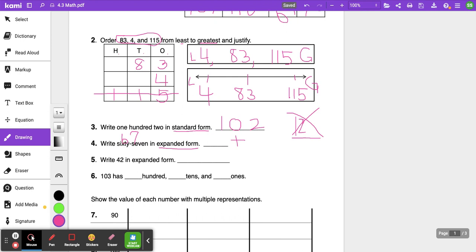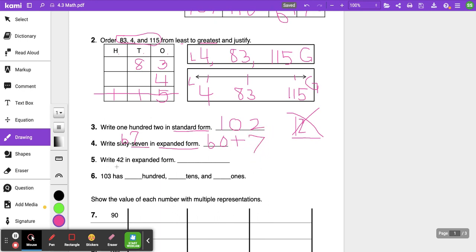Because it's not 600, it is 6 tens. So the value of 6 tens is, yes, 60. So we're going to put in 60. And this 7 is in the ones place. What is the value of 7 ones? It is just 7. There we have it.